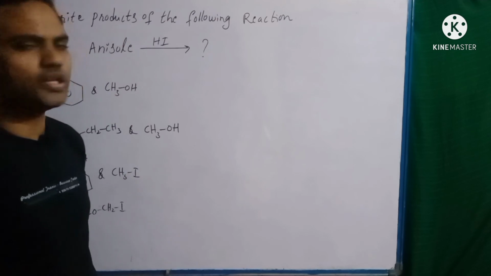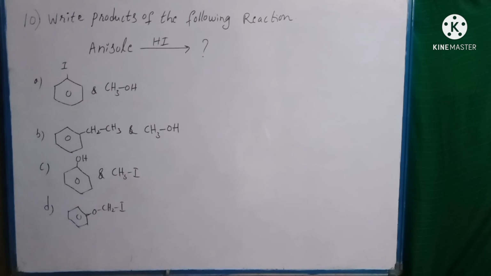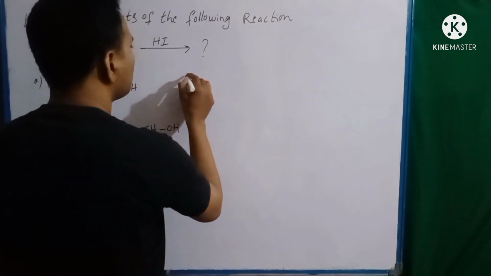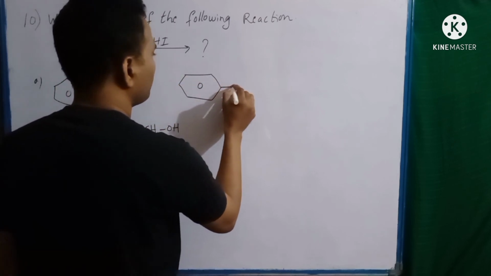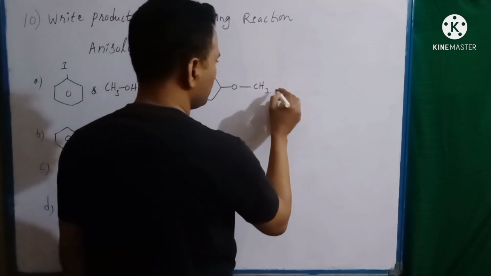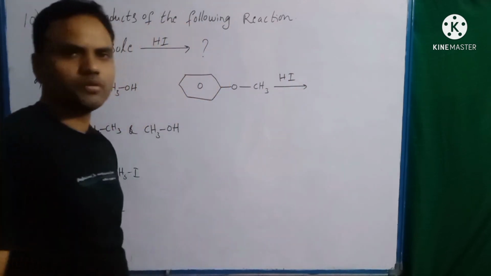Write products of the following reaction. Anisole on treatment with HI. Let us see the reaction. This is structure of anisole. So we have to predict the products.